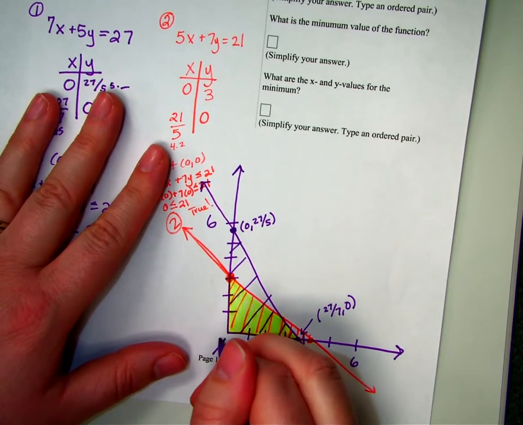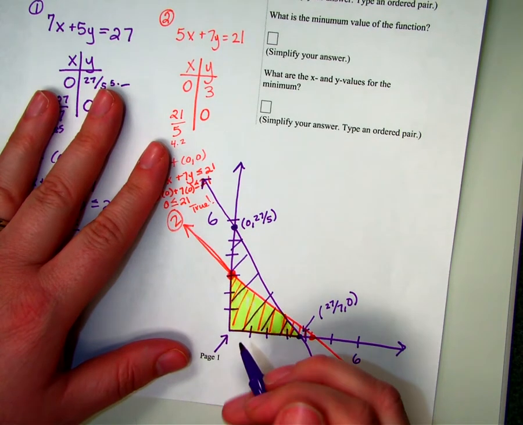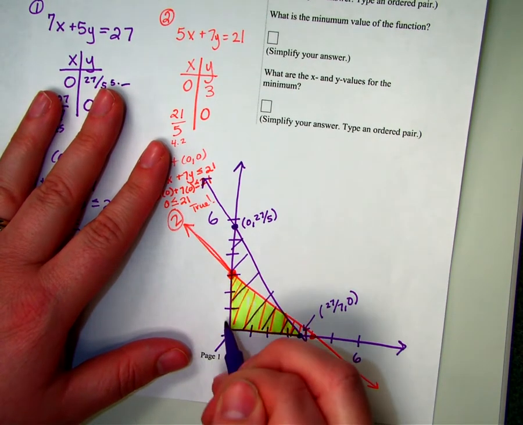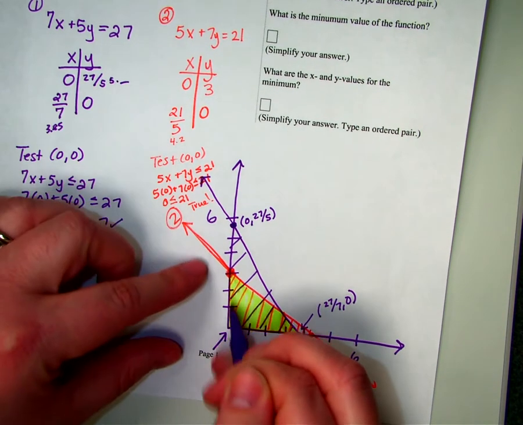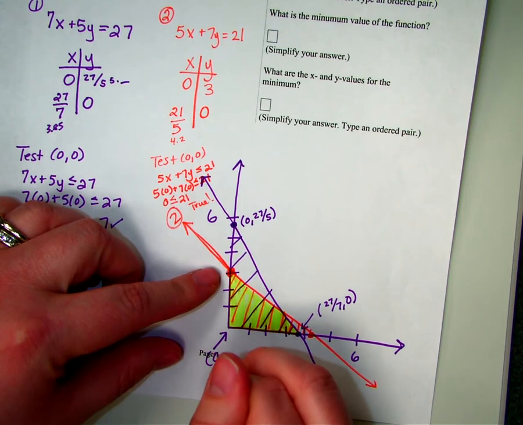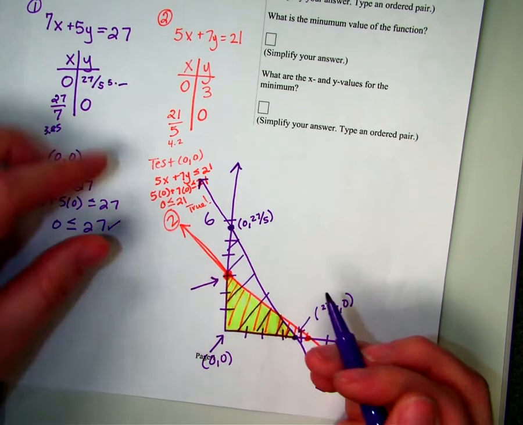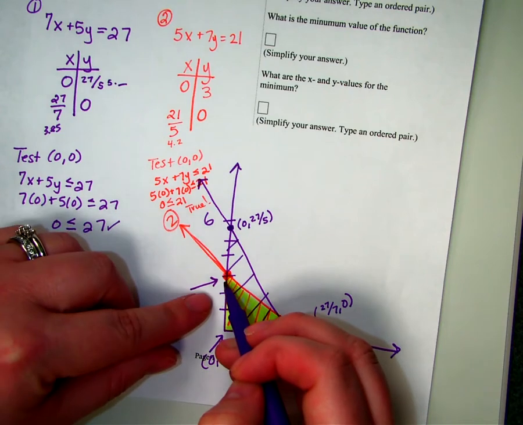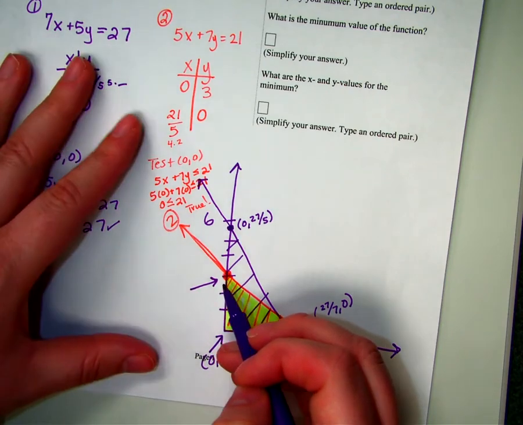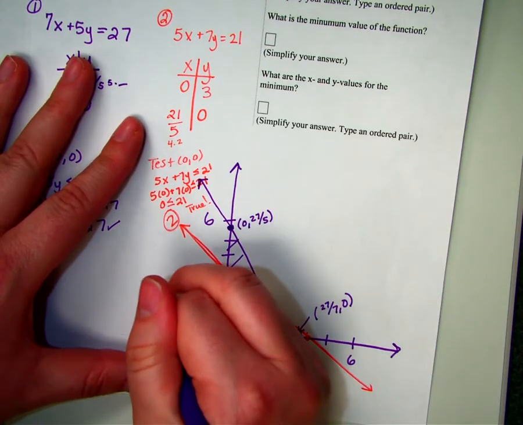So down here we have one. Corner points are the places where our inequalities meet. This is the intersection of x equals 0 and y equals 0. So the value 0, 0. This one, which I forgot to label, is the y-intercept for the orange line. That was 0, 3.